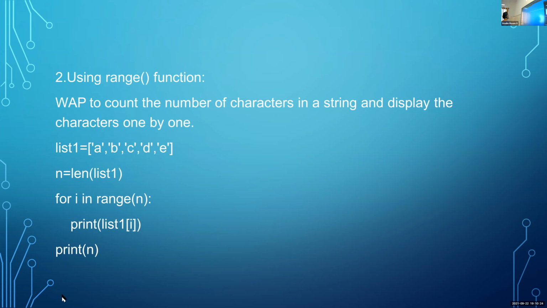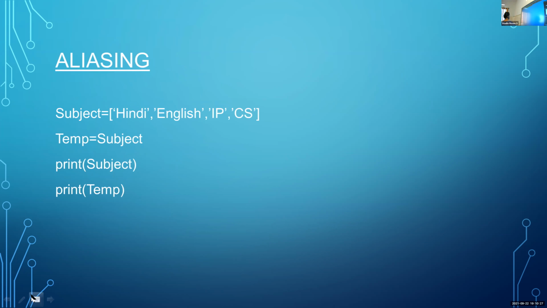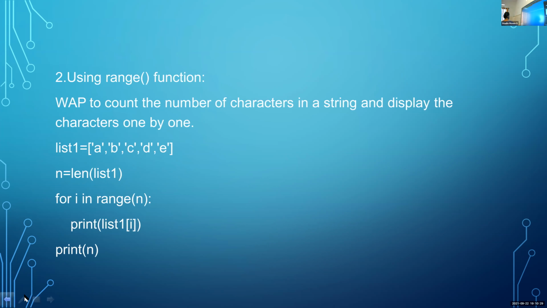So the next one is using the range function. What is the range function? At the time of conditional loops, or in the case of the for loop, we are discussing this range function.